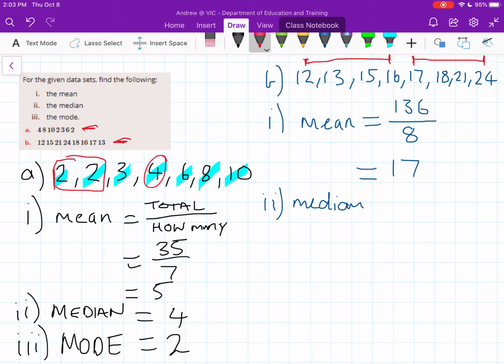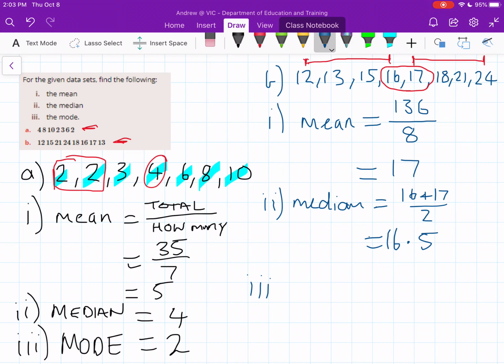What we need to do is take the average of these middle 2 numbers by adding them together. So 16 plus 17 divided by how many there are, so this is 2. It's always perfectly in the middle of these 2 numbers. So 16.5 is our median.